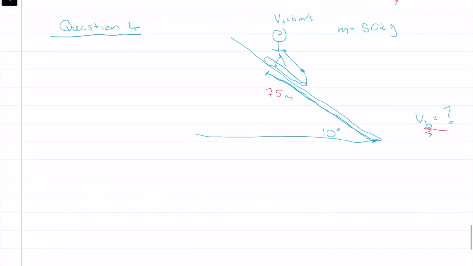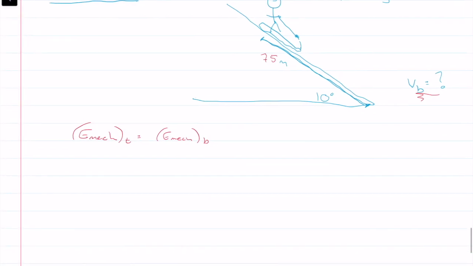Okay, so I'm sure you guys guessed it already. We're going to use the conservation of mechanical energy. So the mechanical energy at the top must be equal to our mechanical energy at the bottom. So let's say EP at the top plus EK at the top is equal to EP at the bottom plus EK at the bottom.